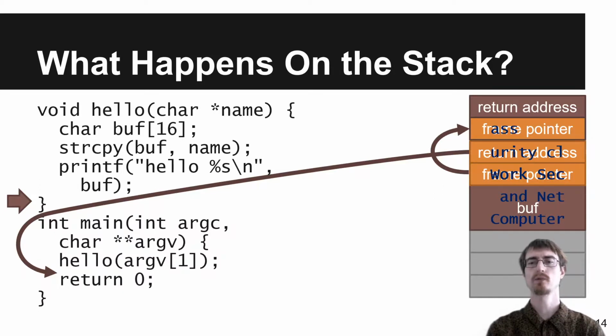But now we reach the end of the function. So what happens? Do you have some idea? If you need to think about it, please pause the playback. Okay, so what happens if it's going to load the return address from the stack frame? And the return address is now overwritten with a bogus value.